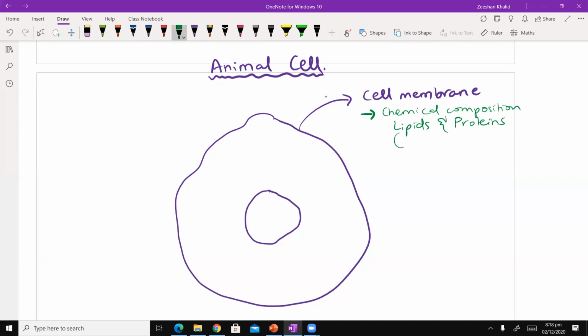Some textbooks, instead of writing lipids, also write phospholipids. That is also fine, but if you just stick to the words lipids and proteins, that should do, inshallah. So chemically it is composed of lipids and proteins. This cell membrane is very thin, of course, in comparison to the cell wall that we will be talking about in the plant cells, and it's extremely flexible.